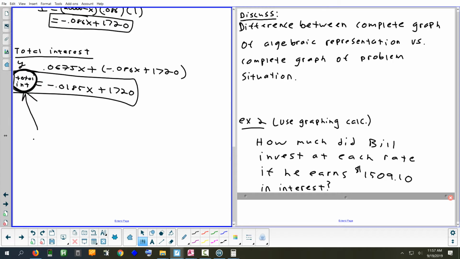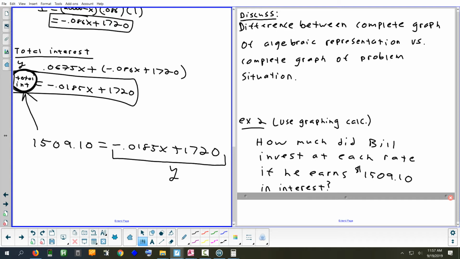So let's do it. $1,509.10 equals, and then copy down the rest. Now, I already put this in Y1. Where am I going to put that? Oh, in your table.